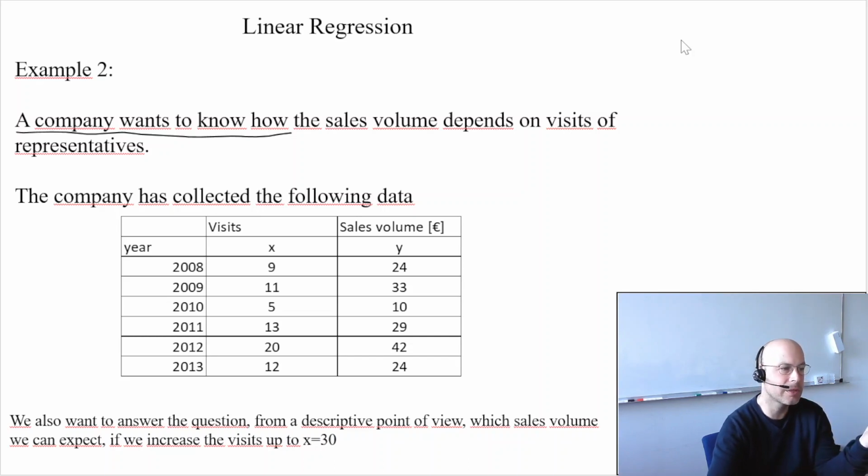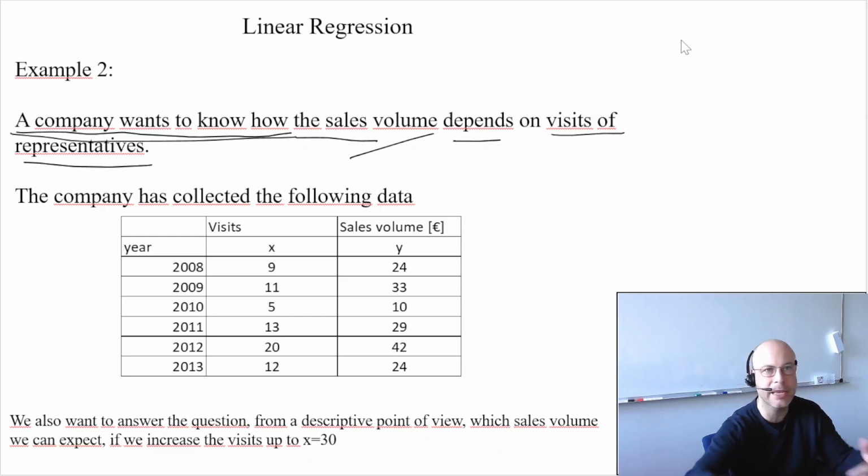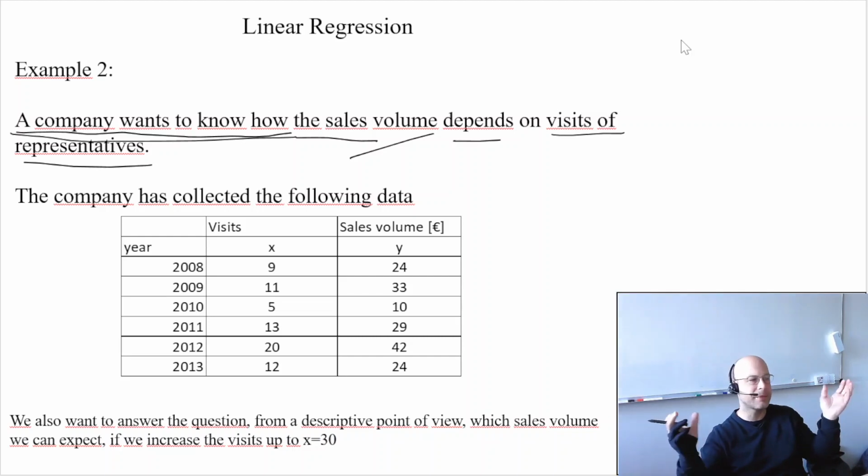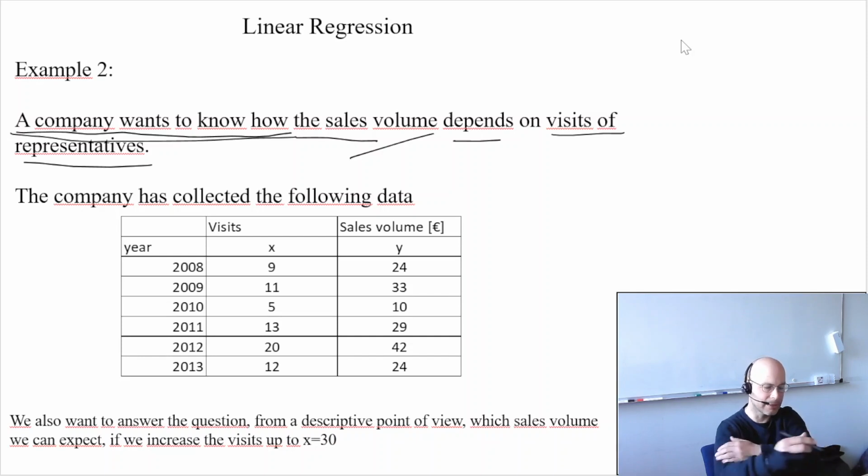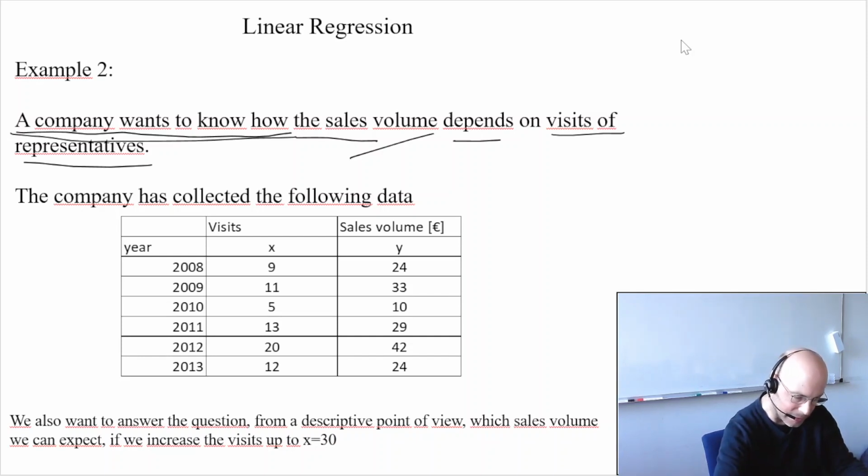But here we want to talk about how to fit this line into our data, so that one company wants to know how their sales, their revenues, volumes depend on the visits of their representatives. So they have some representatives, they walk around in the town or in the region, and there we collected some data during the last years, and we found that if we have 9 visits, our volume will be 24. If we have 11 visits, it will be 33. If we have 5, 10, and so on.